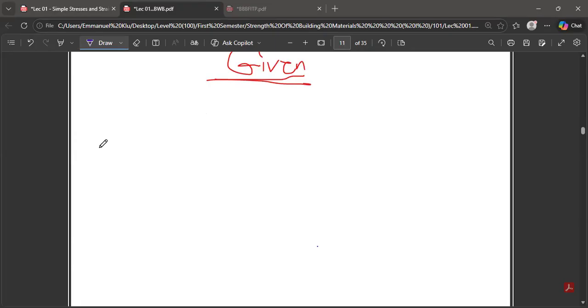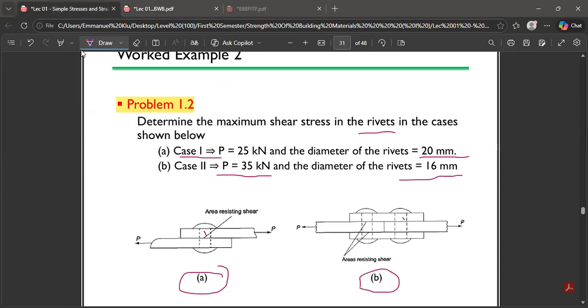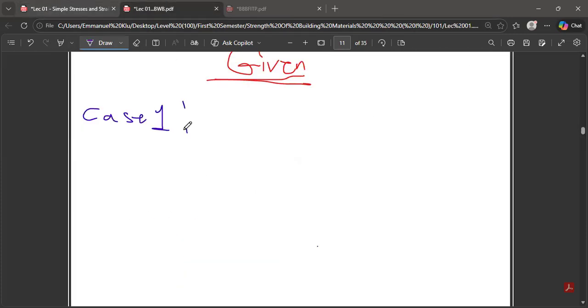Okay. So this is our case 1. That is a single shear, because as you can see in the question, it's just 1 over here. So it's just going to undergo a single shear. And we also have case 2, so let me put case 2 over here.